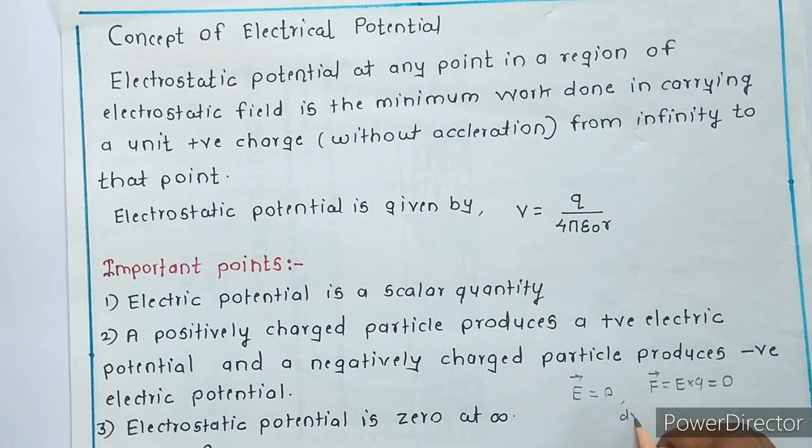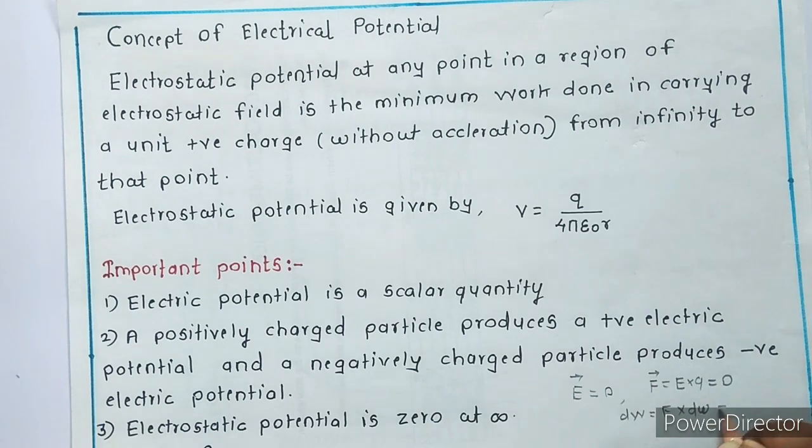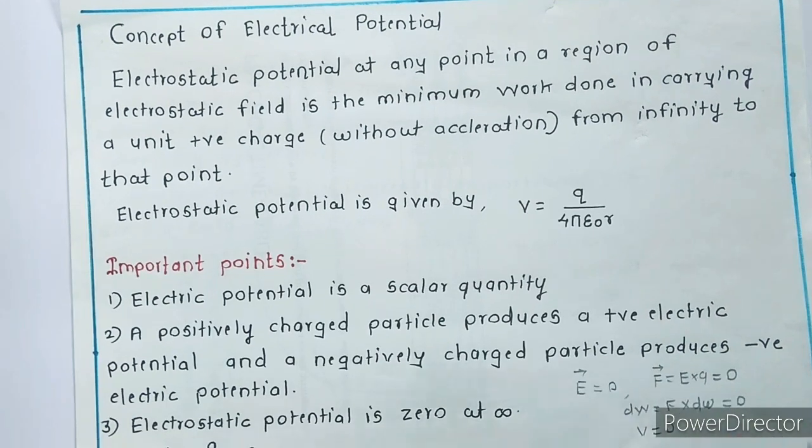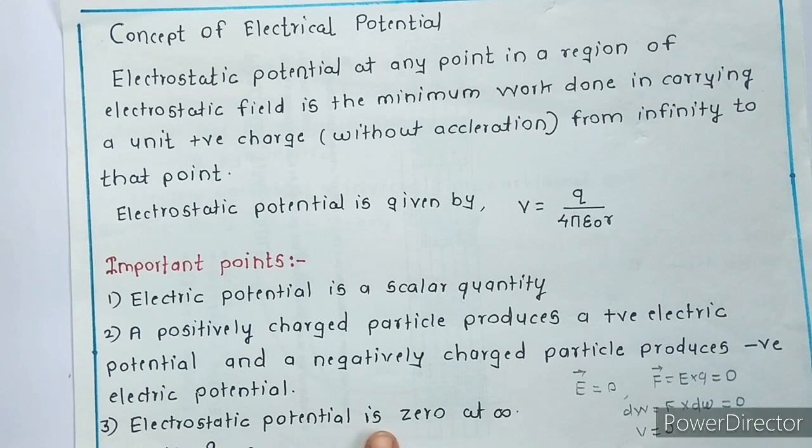Then the amount of work done, which is equal to force into displacement, also becomes 0, and if the amount of work done is 0, then the potential is also 0. This is called zero potential, or electrostatic potential is 0 at infinity. At infinity, we assume that the potential is always 0.